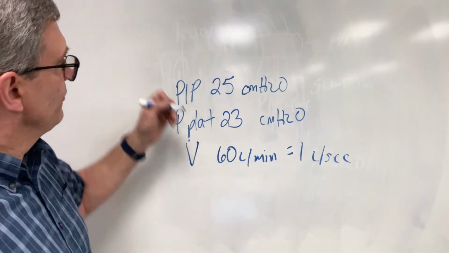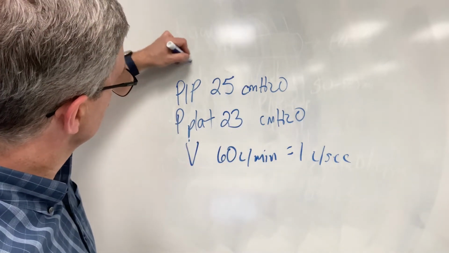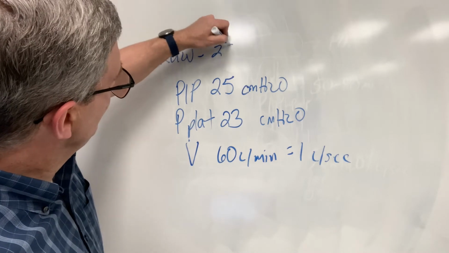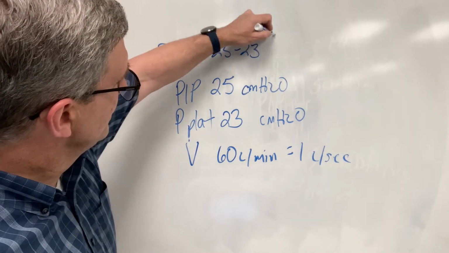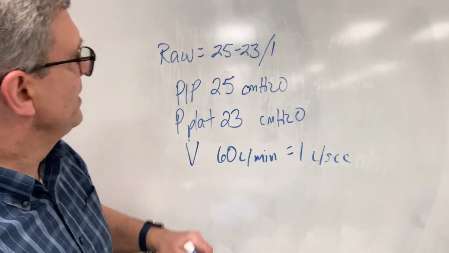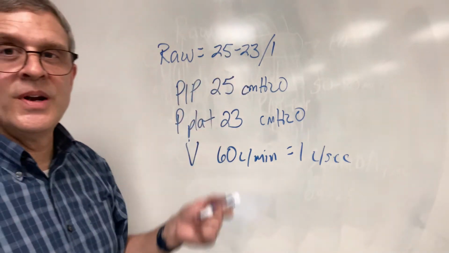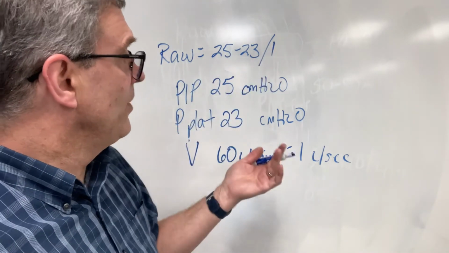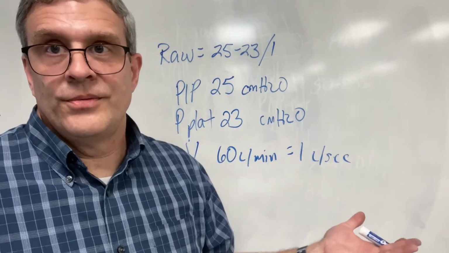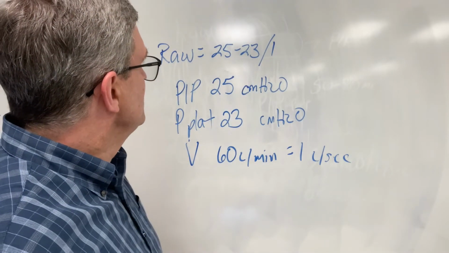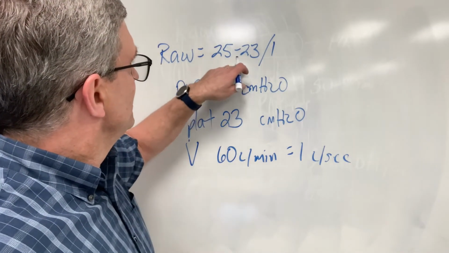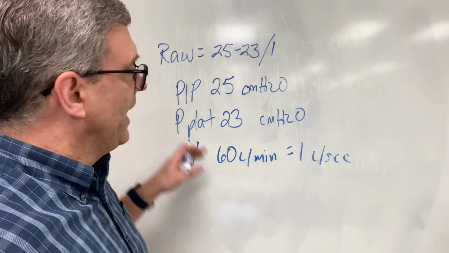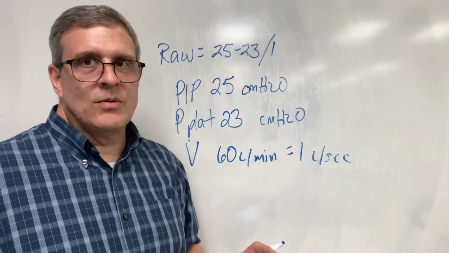So we plug that into our formula for resistance. 25 minus 23 divided by 1. 25 minus 23 is 2. Divide that by 1, it's 2. And that's normal for airway resistance. So you can say that the difference between PIP and P plat is almost the same as airway resistance.